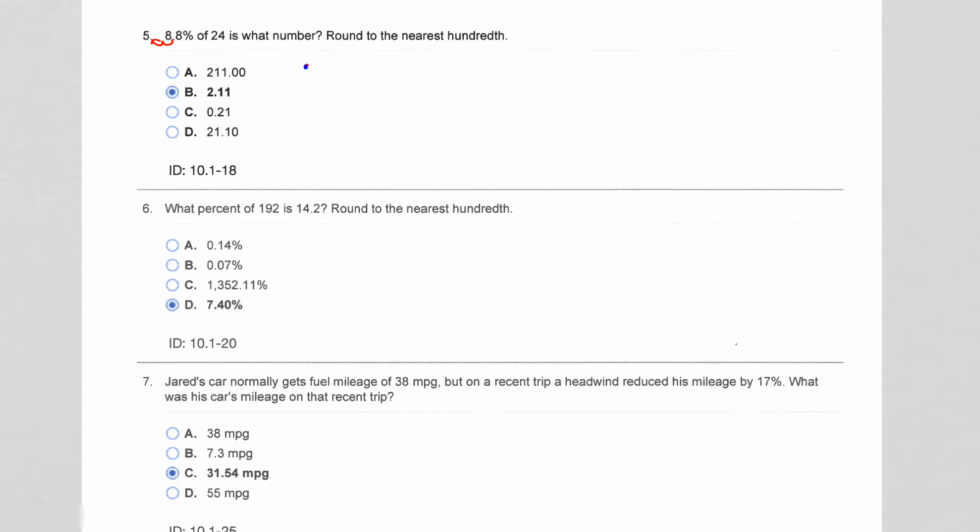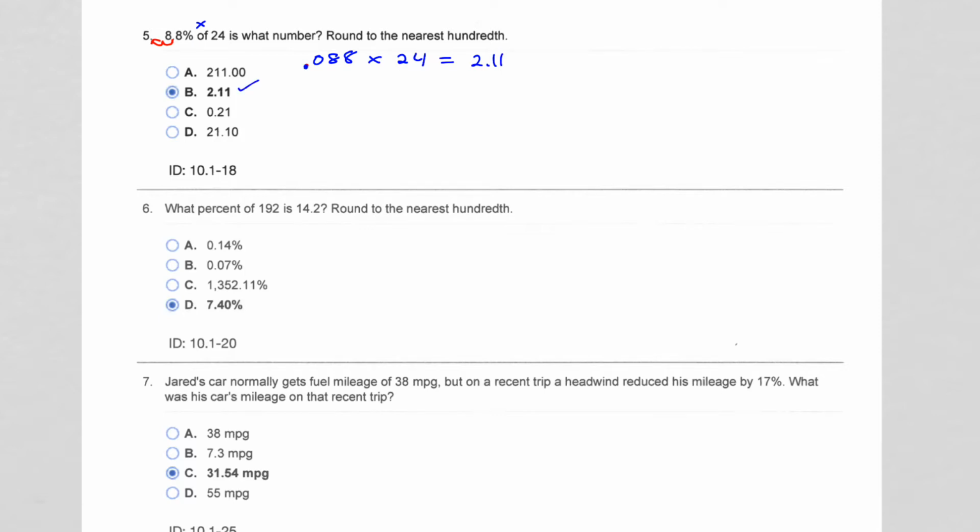So we're going to have 0.088 times 24. So of means times, and you have to use this in other sections anyways. When we do tax and tip and sales and discounts and down payment. So that's pretty much the procedure for that. Put this in your calculator and you get 2.11.